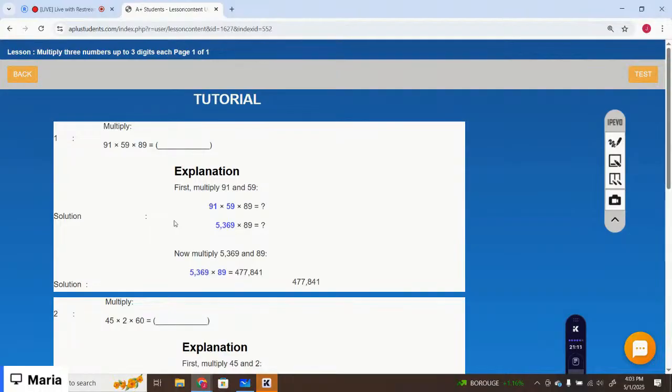Then multiply the product of 91 times 59 with 89. So the answer is 477,841.